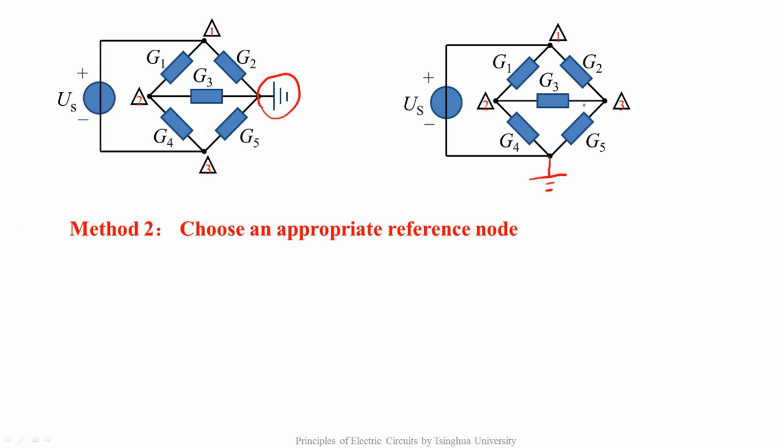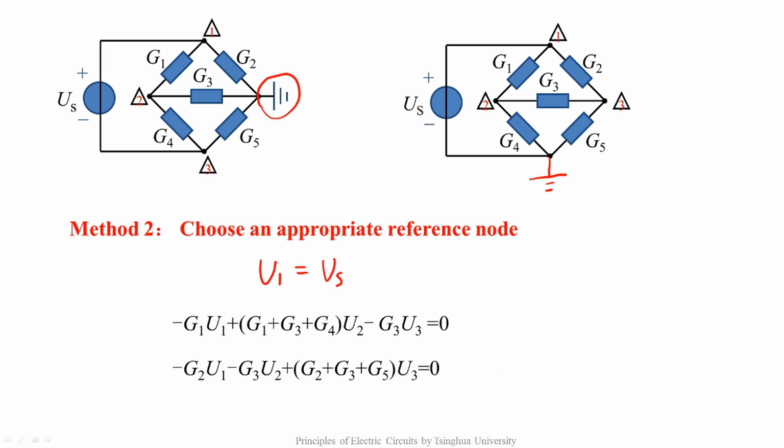Now we can see the voltage of node 1 can be obtained immediately, that is U1 equals US. The node voltage equations for node 2 and node 3 are relatively easier because the branches connected to node 2 and node 3 are all pure resistive branches.